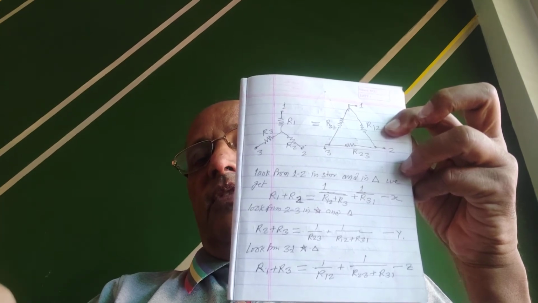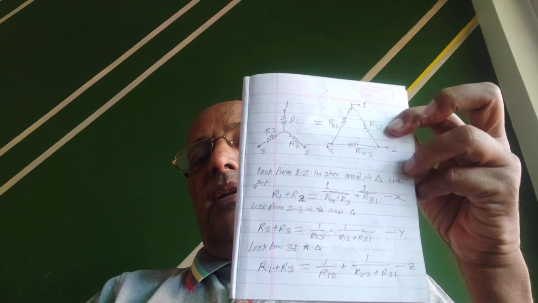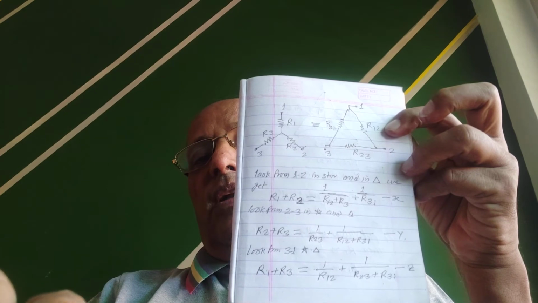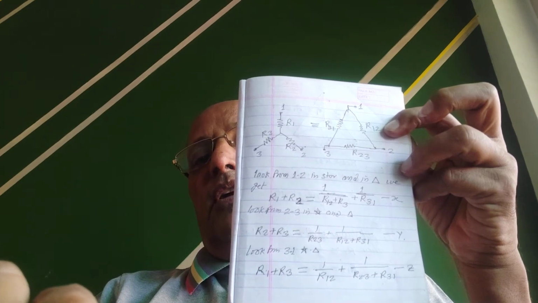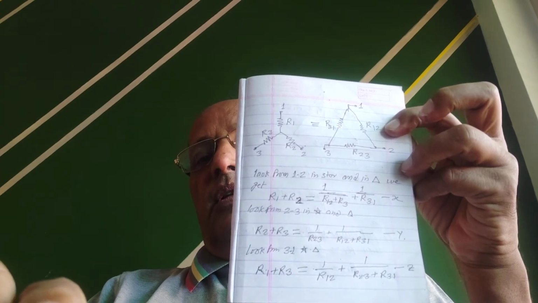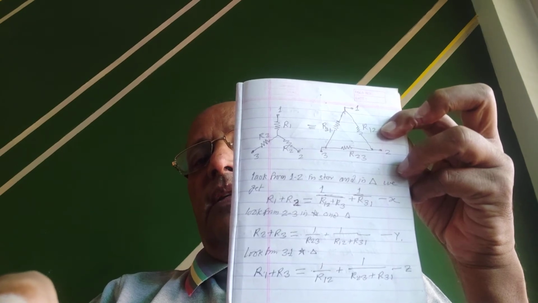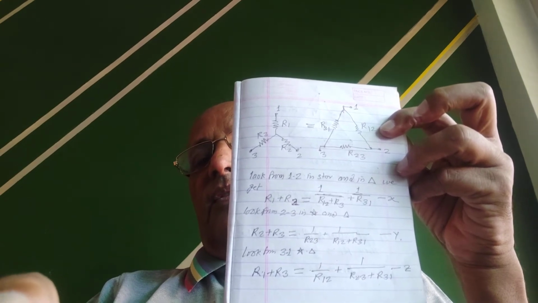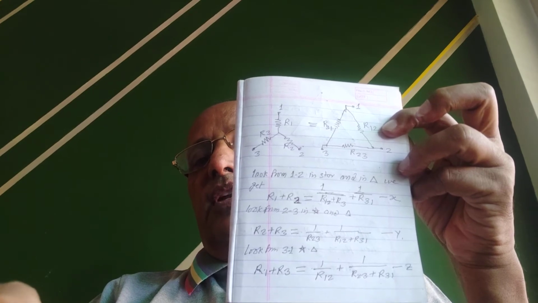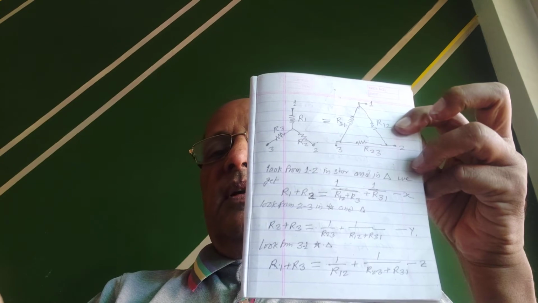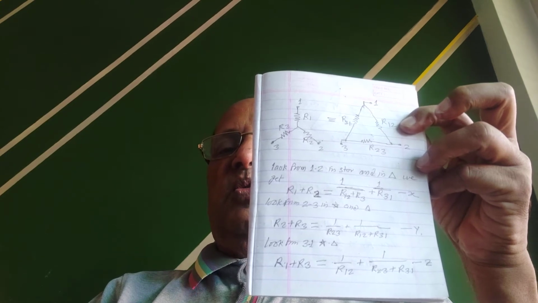So what equation do you write? R1 plus R2 in star is equivalent to 1 upon (1 upon R12 plus 1 upon the R23 and R31 series combination). So this is the one equation you can obtain when looking from terminal number 1 and 2.